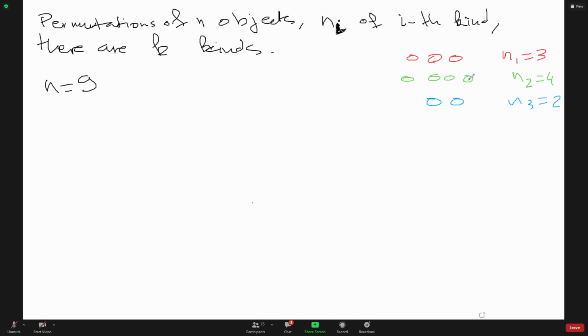They are the same. All 4 green balls are indistinguishable. So what I want is the number of permutations that I can distinguish between, where I have 9 objects, but 3 of them are the same, 4 of them are the same. I have groups of 3, 4, and 2 objects. What do I do now?